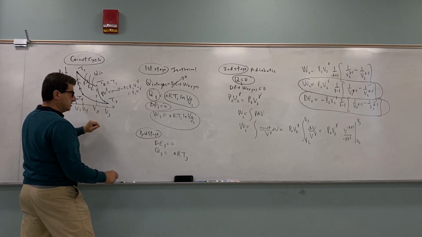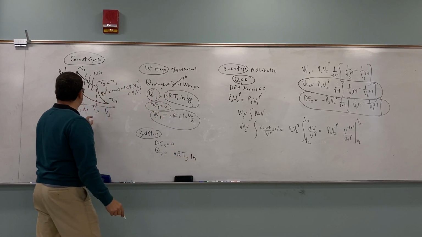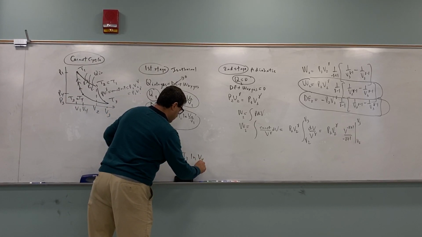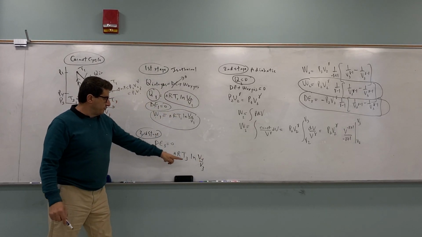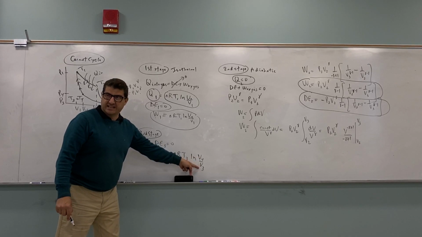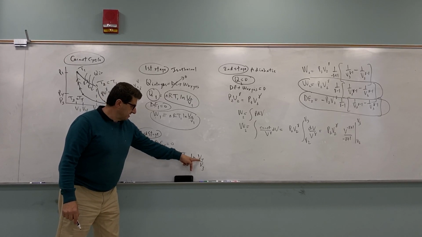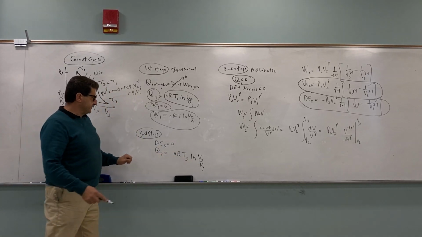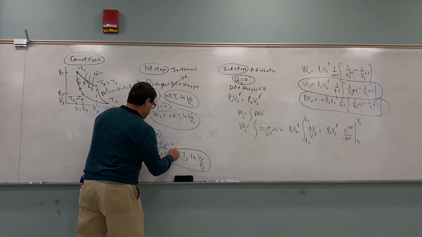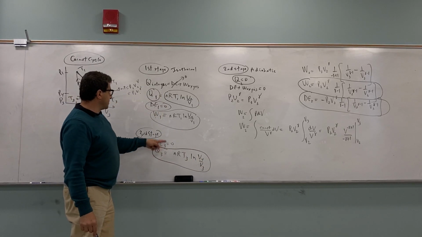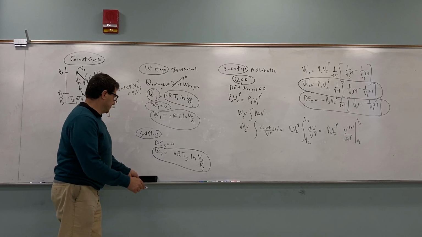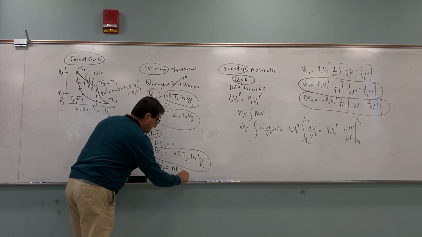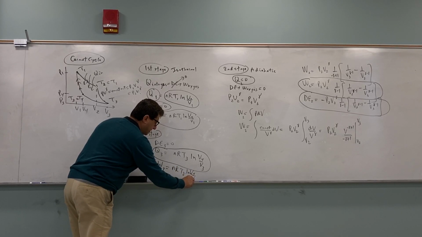It's isothermal. ln of what? V4 over V3. And of course, if you put that in, you're going to get a negative because V4 is less than V3, right? This is a smaller number than that. So that means heat is actually coming out of the system. Okay? And then what's the work done? The work is the same as the Q3. So W3 is nR T3 ln of V4 over V3.